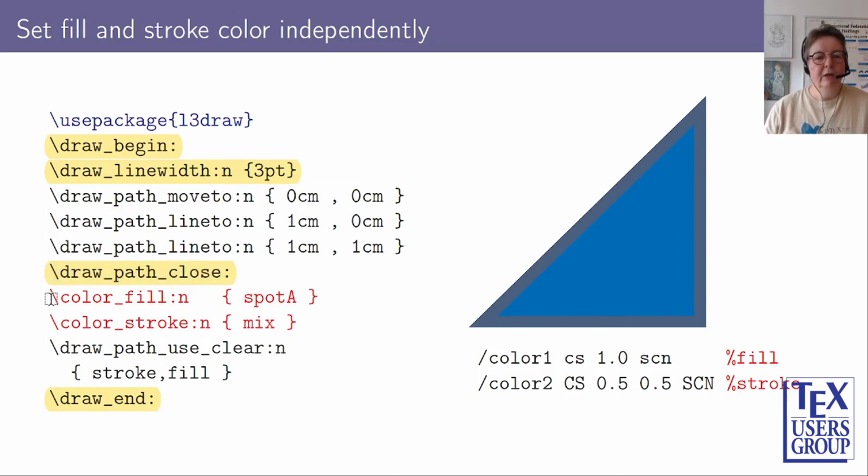I set the fill color to our spot R color, and I set the stroke color to our mix color. And at last I draw the path. That tells it that it should both stroke and fill the path. Then we get this triangle where the fill color is spot R and the draw color, or the stroke color, is our mix color, a bit darker.